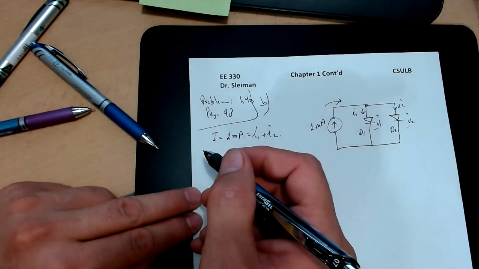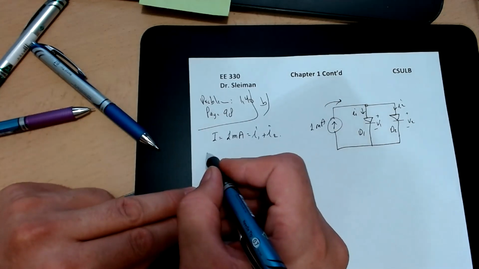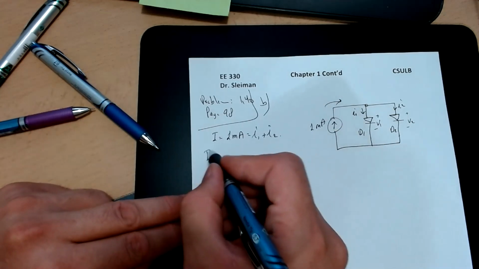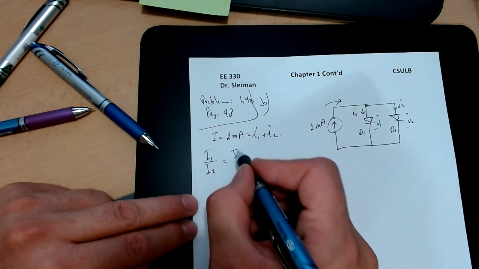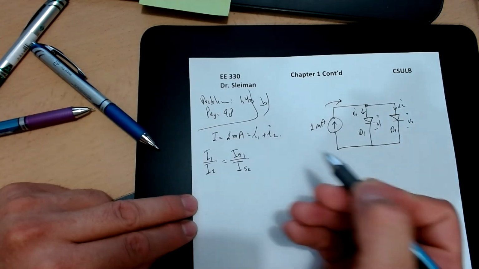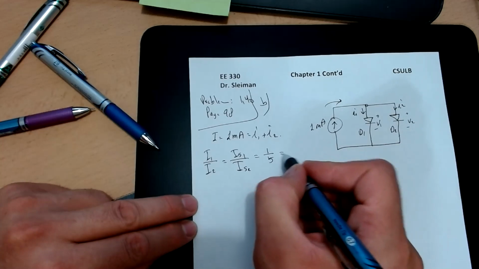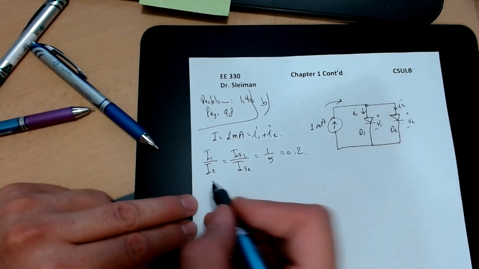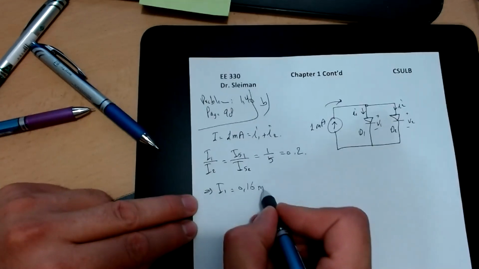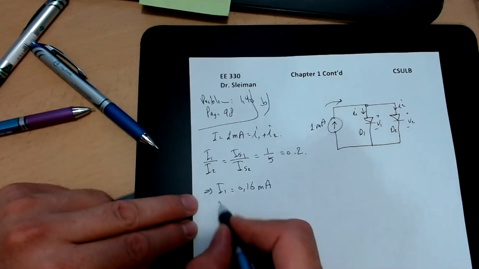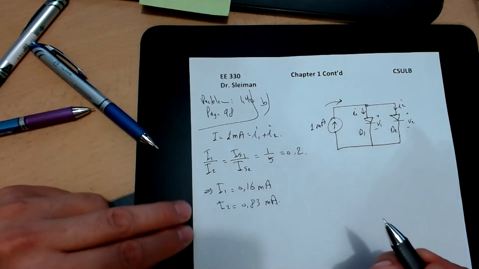Also, from the equation we solved in number 1, I1 divided by I2 is proportional to IS1 divided by IS2, and that ratio is equal to 1/5, which is 0.2. So now we have I1 equal to 0.16 milliamp and I2 equal to 0.83 milliamp.